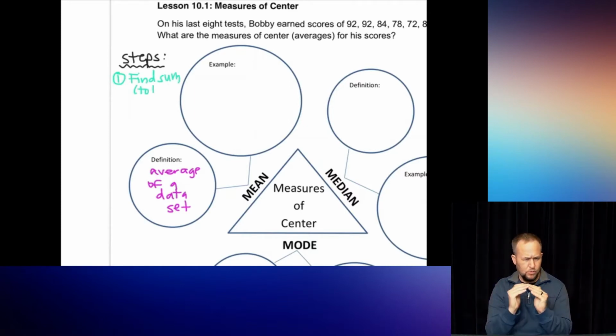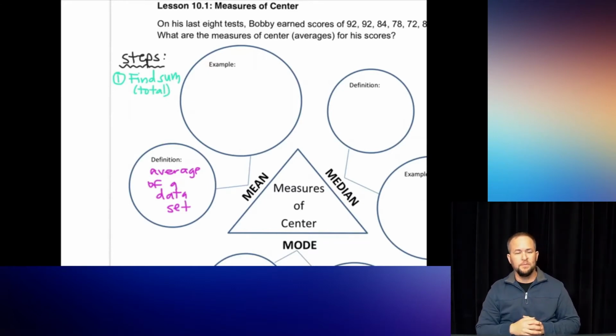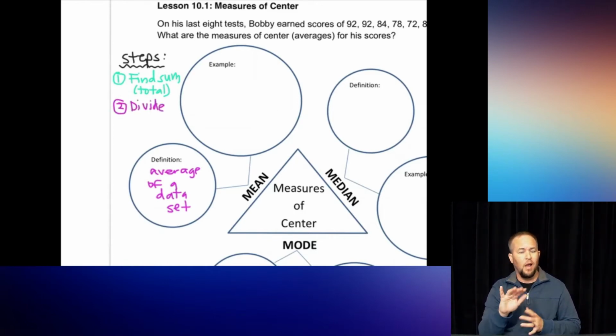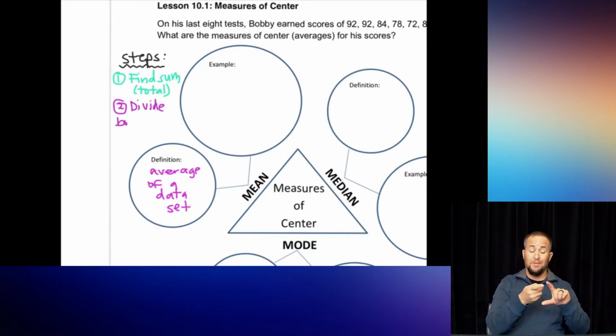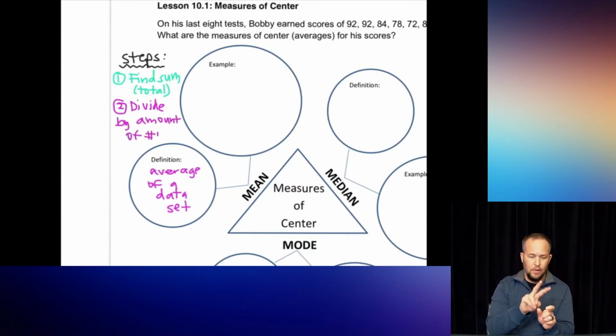Those of us that don't remember that the sum is the total, I went ahead and put that in parentheses as well. The second thing we are going to do is divide the total by the amount of numbers in this set.